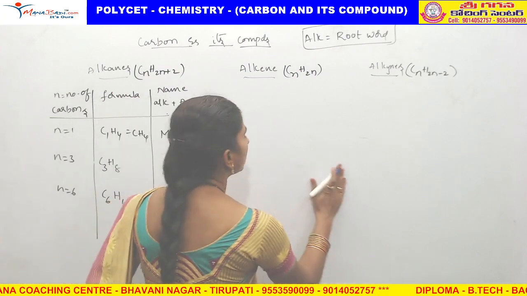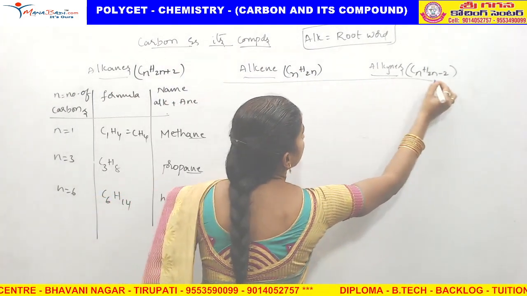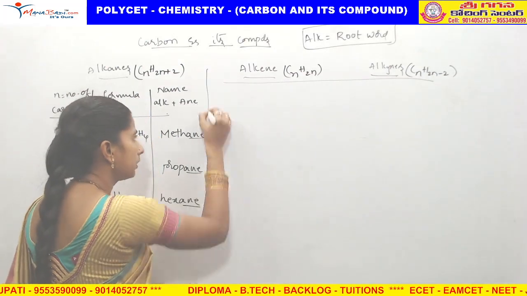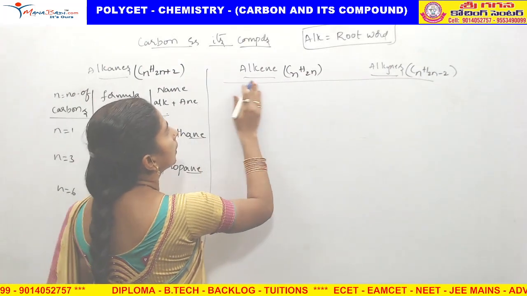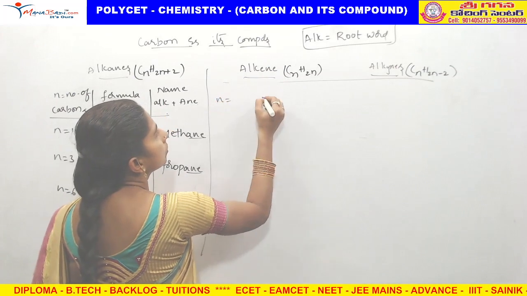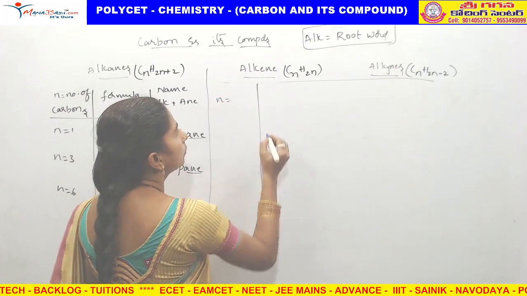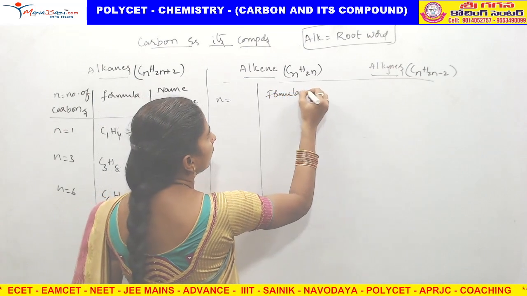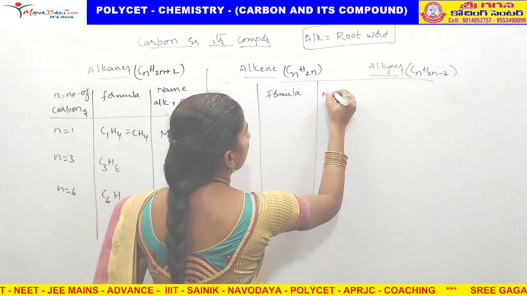Now coming to the, not this one, we will discuss that later. Otherwise we will discuss here itself, no problem. Come to the n value, formula and name for alkene.